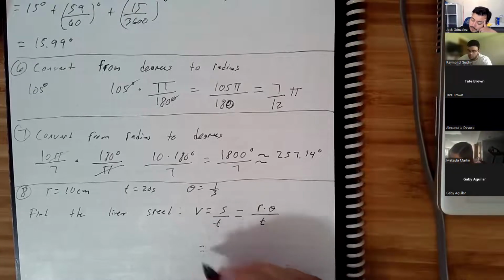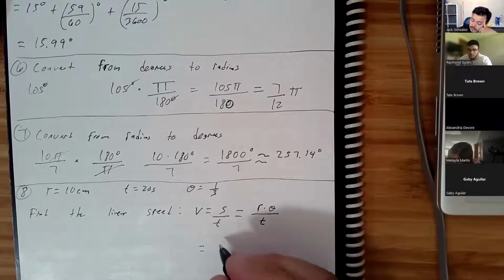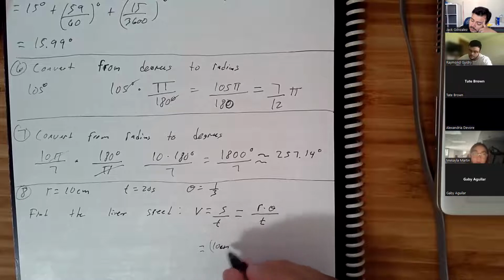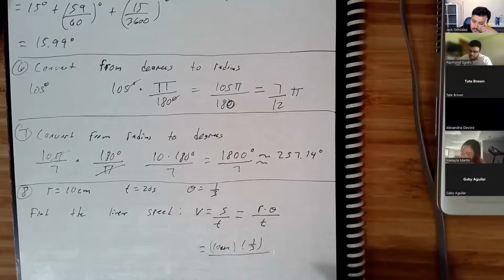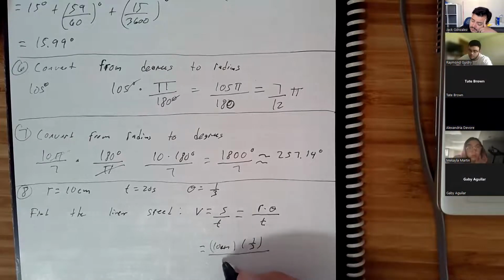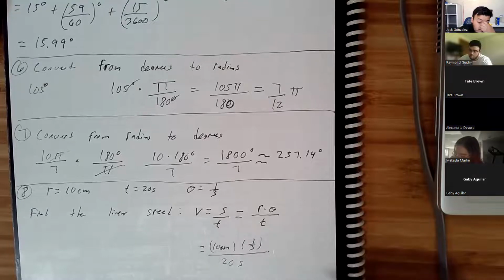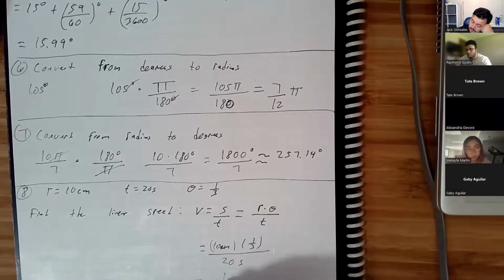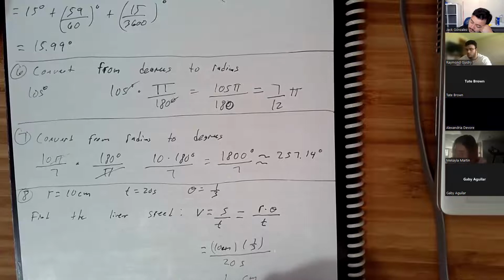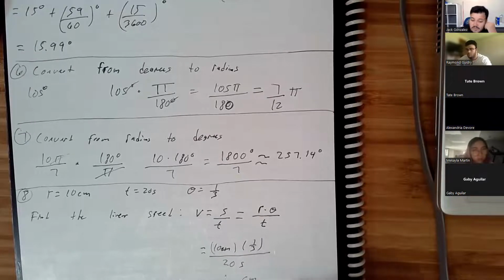So that would be 10 centimeters times 1/3 radians over 20 seconds. What would that be? 1/6. 1/6 centimeters per second.